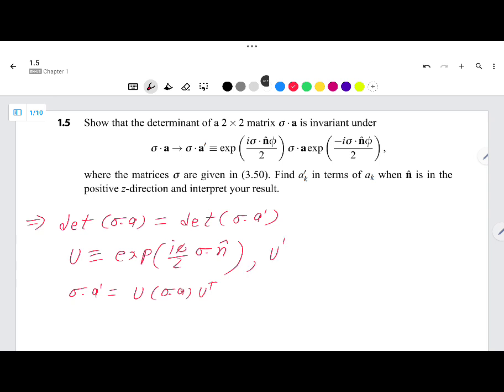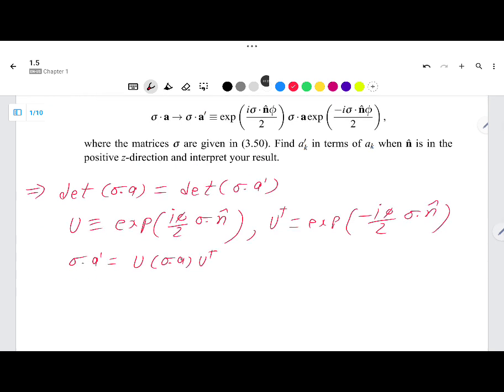Because U dagger would be exponential minus i phi by 2 sigma dot n. n is any unit vector, so it can be 0, 0, 1, which is nothing but the z direction which they have asked us here, right? So this is the first thing that we need to show.